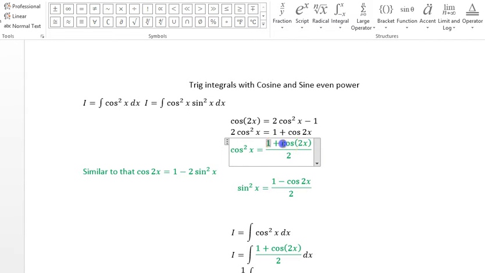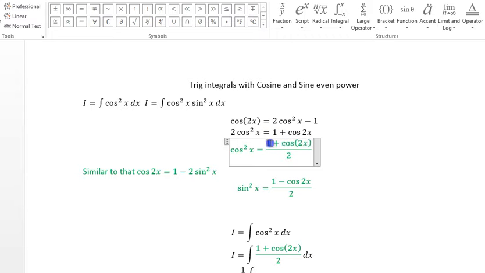And the integral of cosine 2x is actually equal to, what do you think? Sine 2x? Well, it is sine 2x, but divided by 2, because of the additional 2 from the cosine 2x.